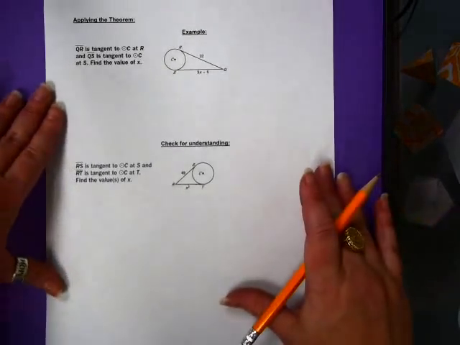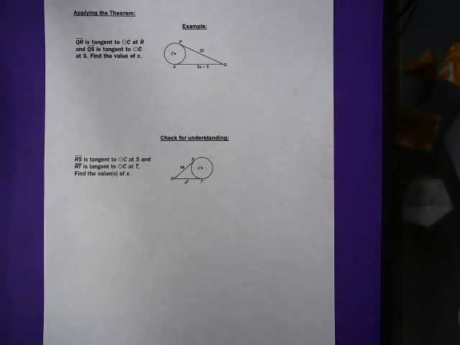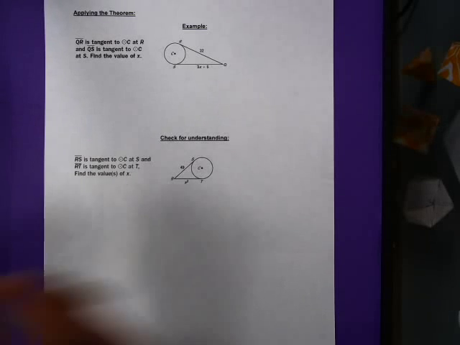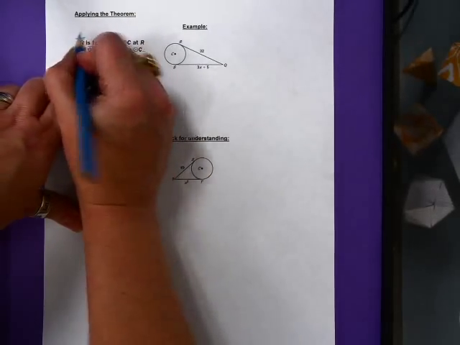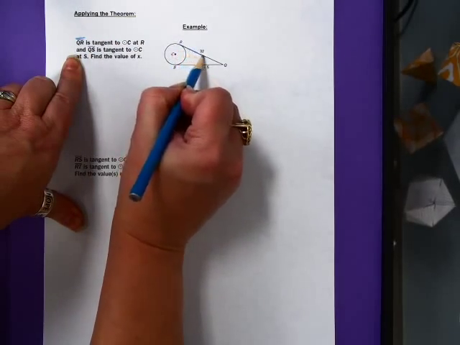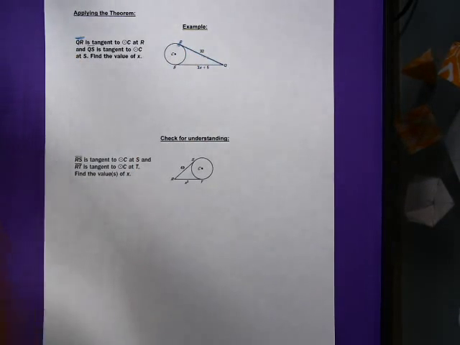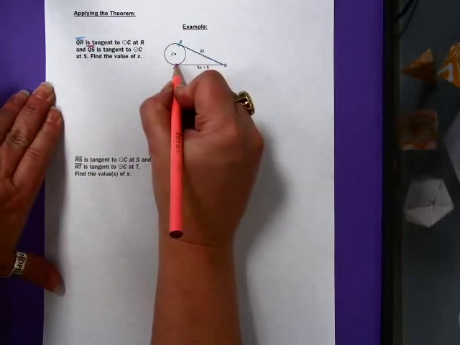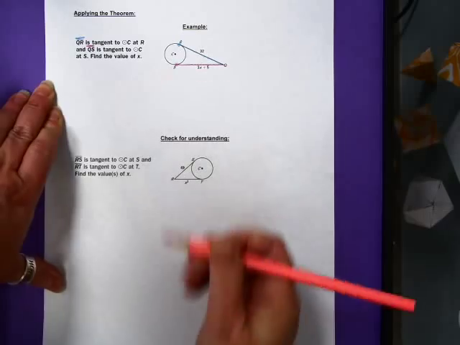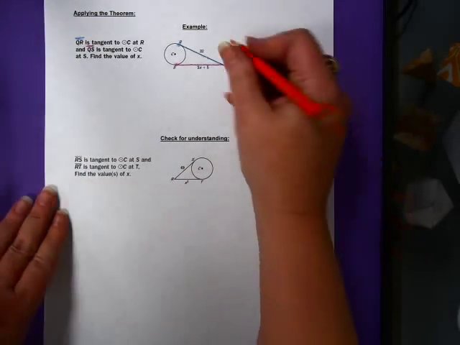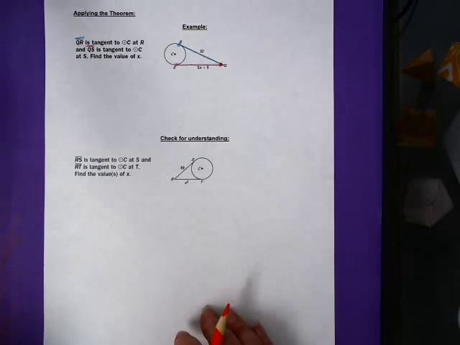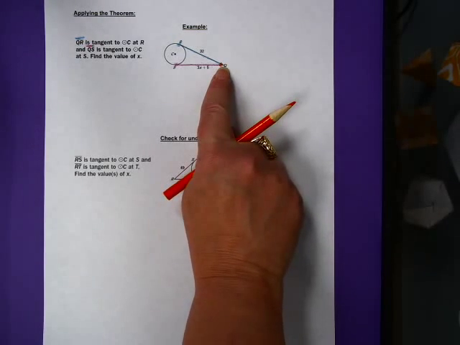All right, last page. Okay, applying the theorem. Here we have that tangent segments theorem. So it says QR is tangent to circle C at point R. And QS is tangent to circle C at point S. So that makes Q their common point, or their point of intersection.